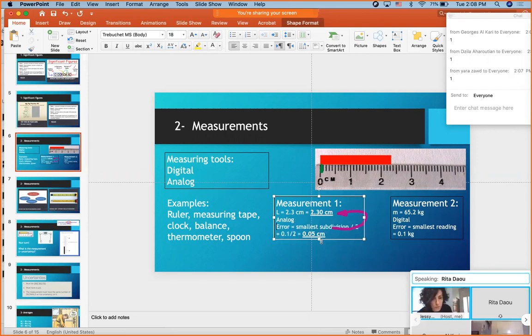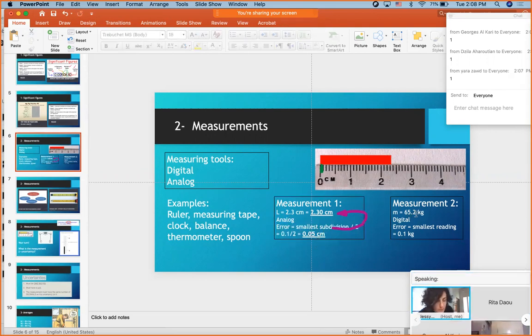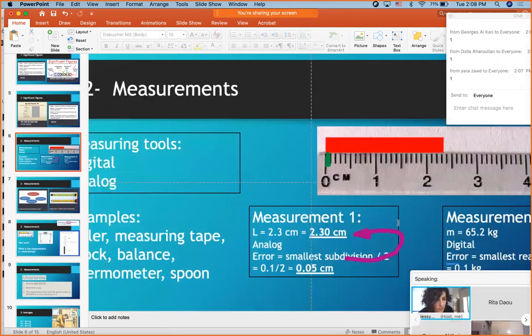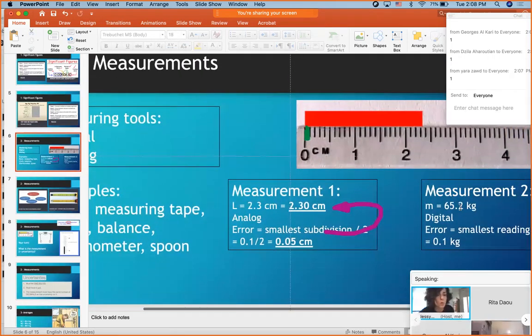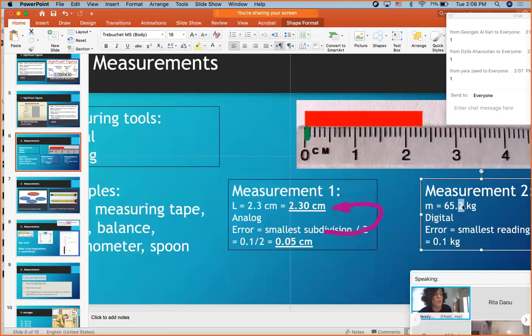Okay. For the digital measuring tool, you can see that the smallest reading you can have is 0.1, isn't it? Let's say you're measuring the mass of a spoon or a small quantity of salt. The smallest it can measure is 0.1 because it has 3 digits and 1 decimal point.